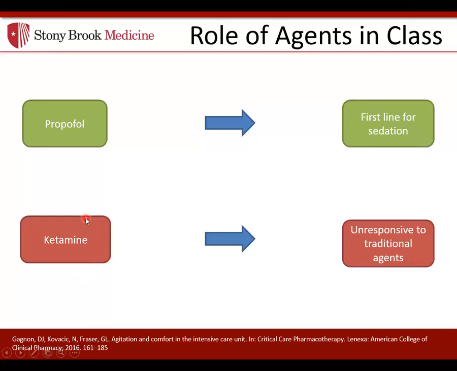And ketamine is reserved for patients who are unresponsive to traditional sedative agents because of the lack of familiarity, like we spoke about, and it can actually be useful in patients who are in shock or hemodynamically unstable, and may be useful in alcohol withdrawals because it can be used to reduce the doses of opioids.